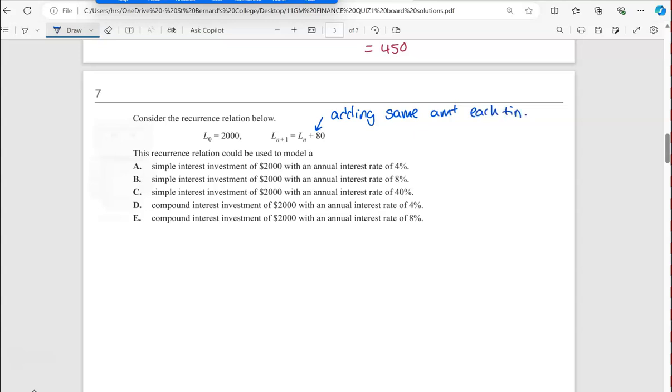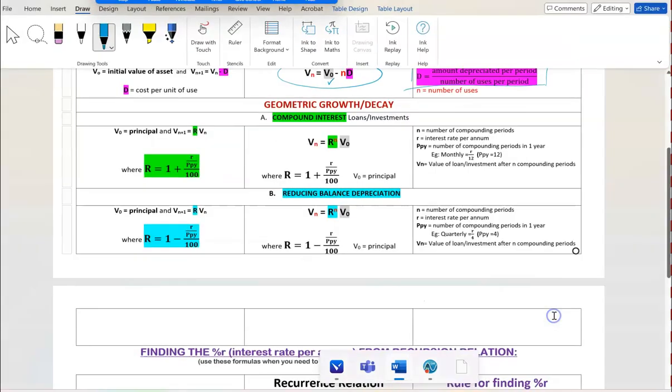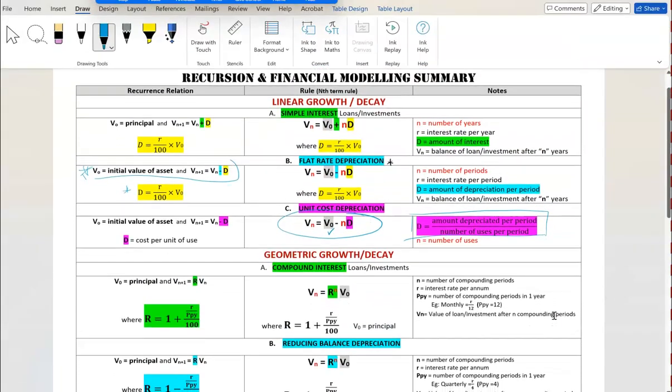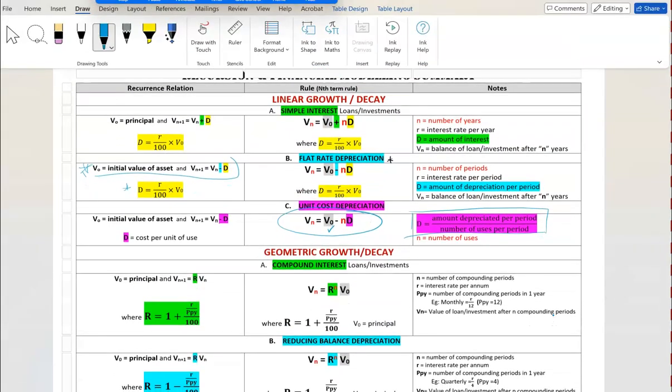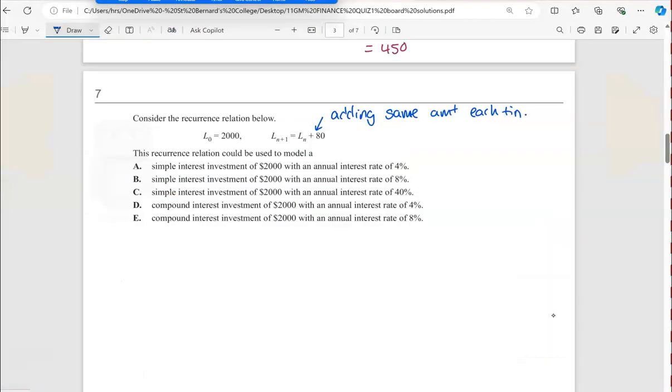So compound doesn't have that sort of thing. So what we're looking at here is this formula sheet. We can see that simple interest has that adding. Compound interest is timesing, you're timesing by a number. So we know that it's adding. So we could say, all right, it's simple interest. So let's get rid of those ones.